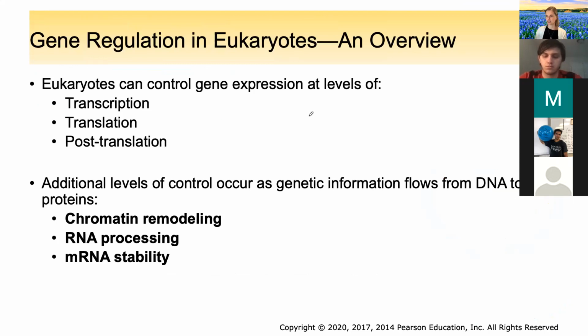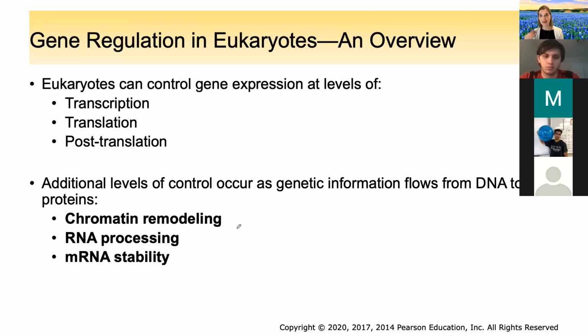So we talked about that it can happen at any of these steps. What I'm going to try and do is briefly mention here that there's some chromatin remodeling that takes place. Our textbook goes into some very deep details on this, so if this is something that really interests you, feel free to dig deeper there.